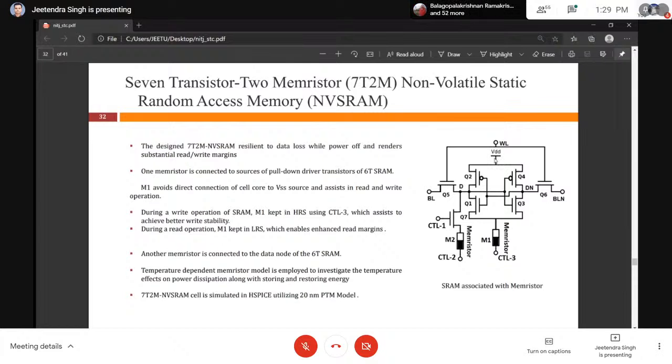So basically, this is the structure where we employed two memristors. The first memristor is employed at this node, that is the source node of Q1 and Q3, and another memristor is employed at the data node with a control transistor. This memristor will help with the read and write operations of this SRAM cell.